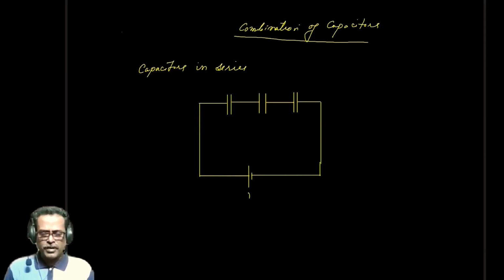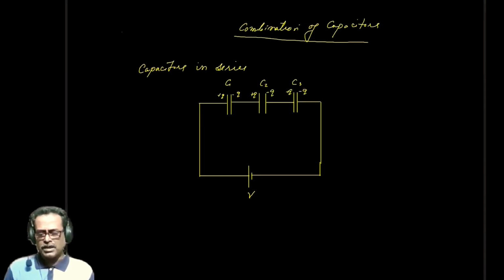The potential difference of the battery is V. The capacitances of the capacitors are C1, C2, C3 respectively. The charge stored on the first plate of the first capacitor is +Q. Due to this +Q charge, -Q charge will be induced on the other plate. Since the whole section is neutral, the first plate of the second capacitor will be +Q and the other will be -Q. Again, this is +Q and -Q.